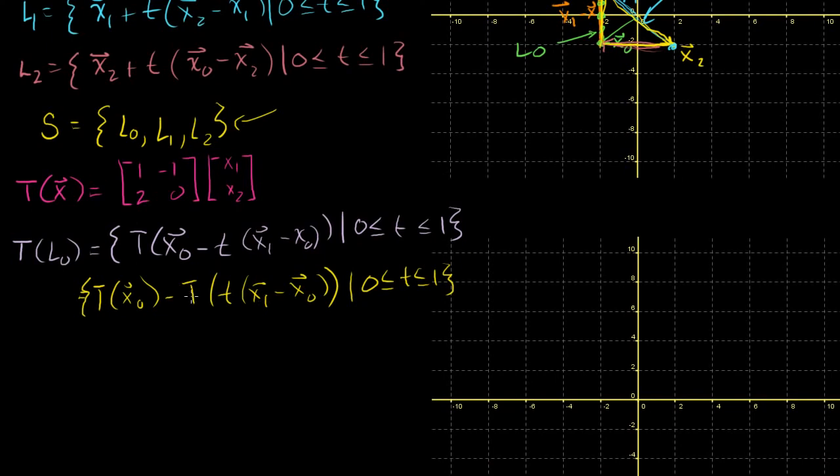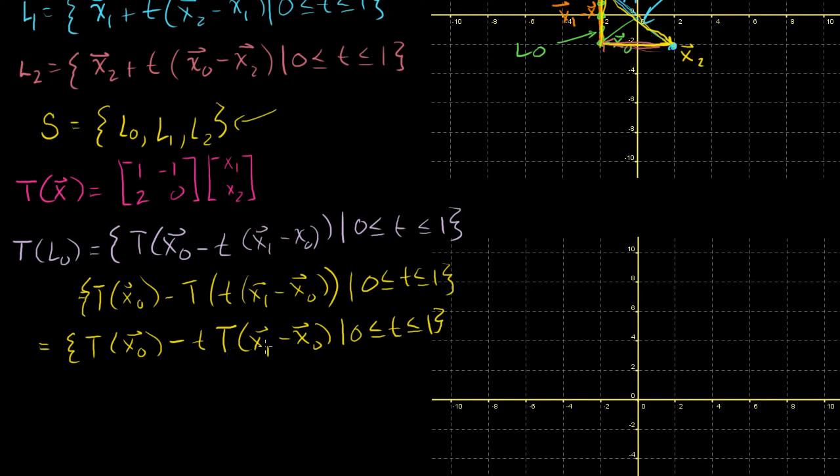If I take the transformation of a scaled up vector, that's just a scaled up transformation of that vector. So this is going to be equal to the transformation of x naught minus t, our scalar multiple, times the transformation of the vector x1 minus x naught, such that 0 is less than or equal to t is less than or equal to 1.